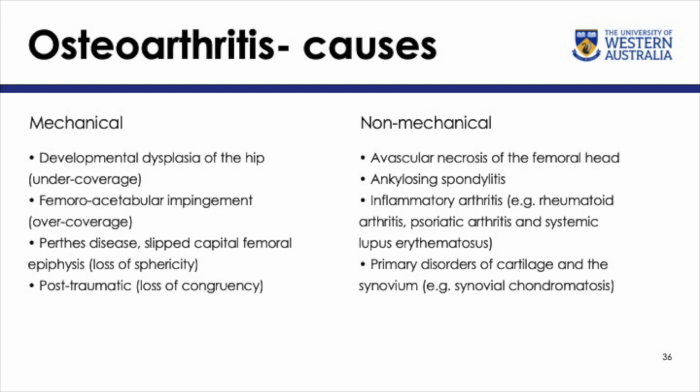The non-mechanical causes are avascular necrosis or osteonecrosis of the femoral head, inflammatory conditions such as rheumatoid arthritis, ankylosing spondylitis, and then primary disorders of the cartilage and the synovium, such as synovial chondromatosis.